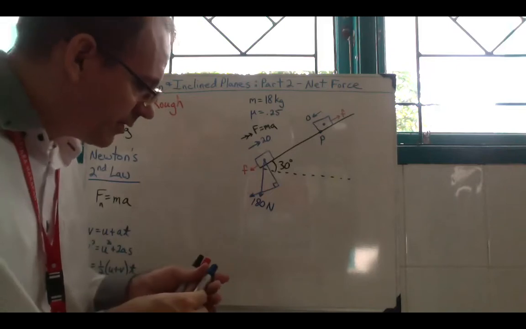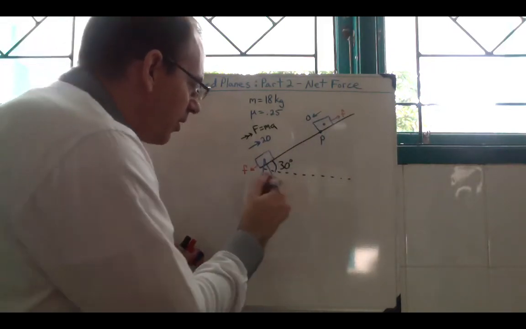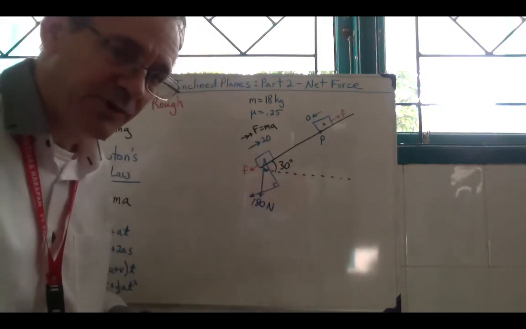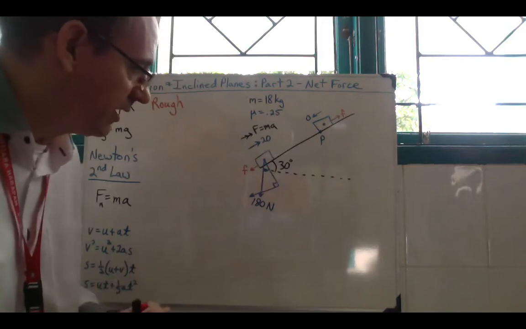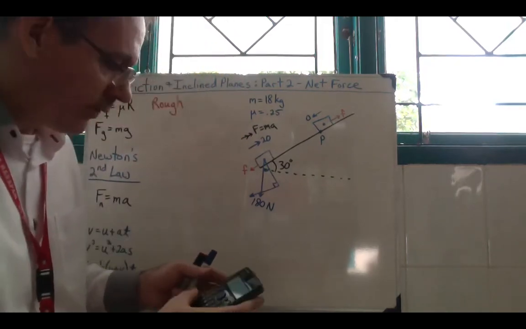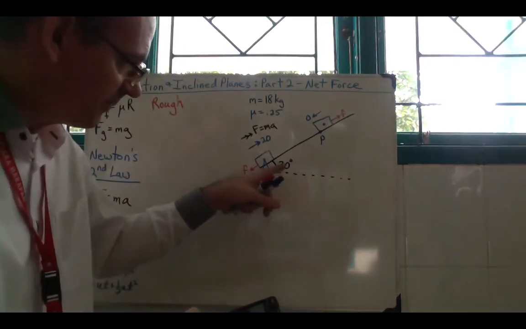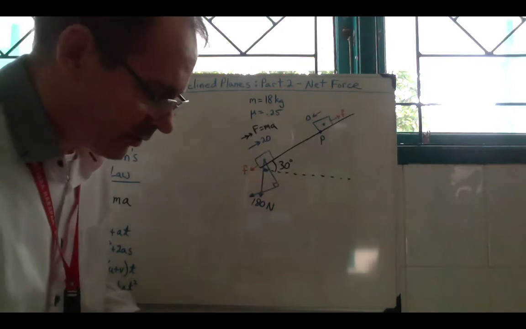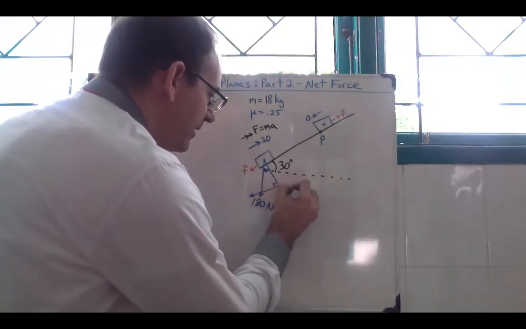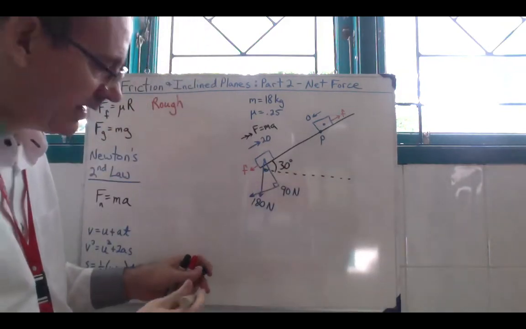So remember that your angle in the inclined plane is also the angle in your triangle that you're resolving with respect to gravity there. So what we want to do is take 180 sine of 30 degrees. So we have a 90 newton force that's acting parallel down the plane.